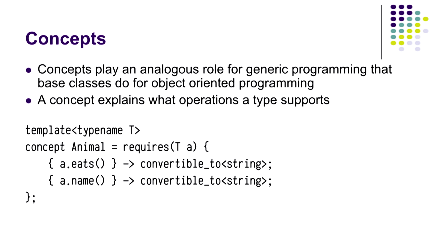And that is what concepts do. They play an analogous role for generic programming to the one that base classes play for object-oriented programming. A concept explains what operations a type supports. So here we're going to create an animal concept, and T is an animal if it satisfies the requirement that an object a of type T has an eats method that's convertible to string and a name method that's convertible to string.